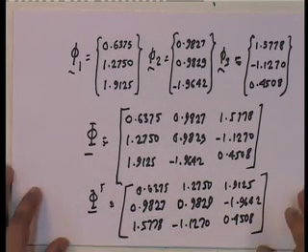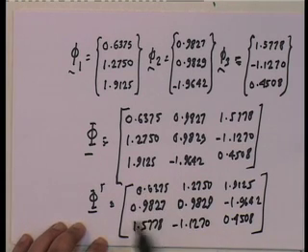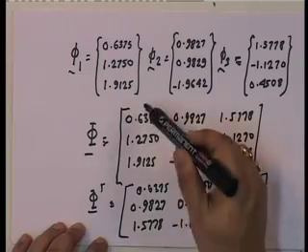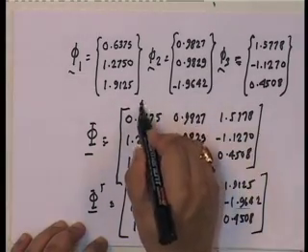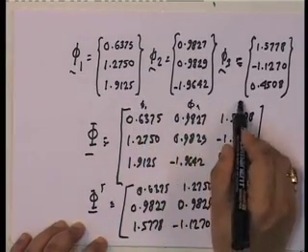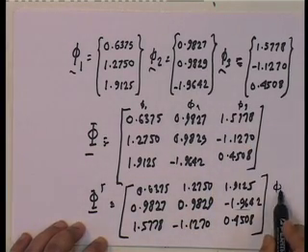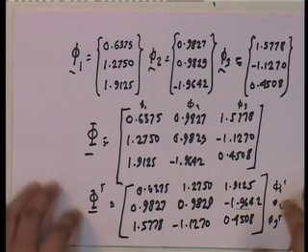So, this is nothing but phi 1 transpose, phi 2 transpose, phi 3 transpose, and phi 1, phi 2, phi 3.